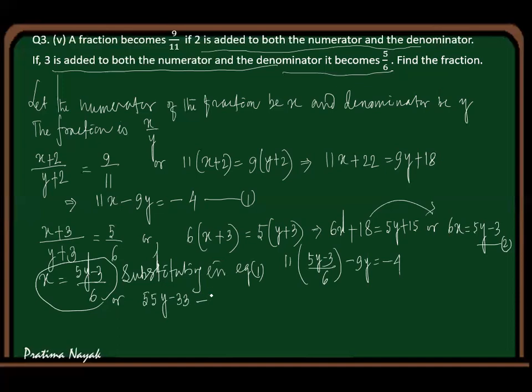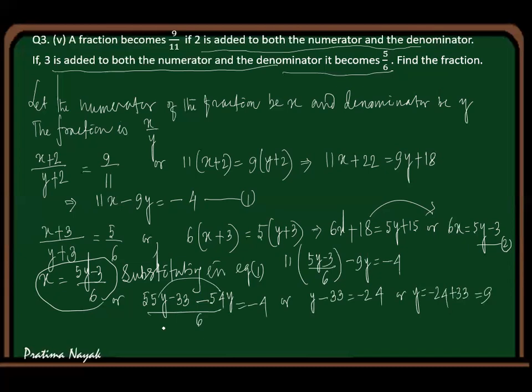Together I'm doing the simplification. 54y by 6 is equal to minus 4. Or 55 minus 54, that will be y minus 33 is equal to minus 24. Or y is equal to minus 24 plus 33, that will be 9.